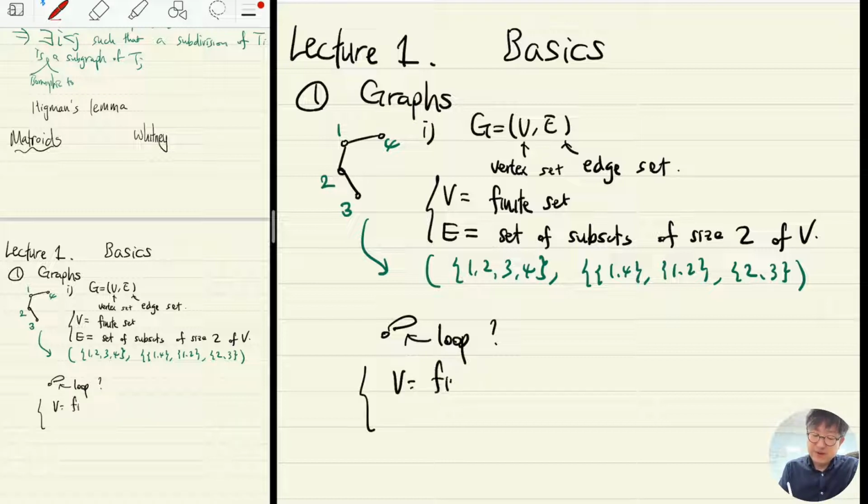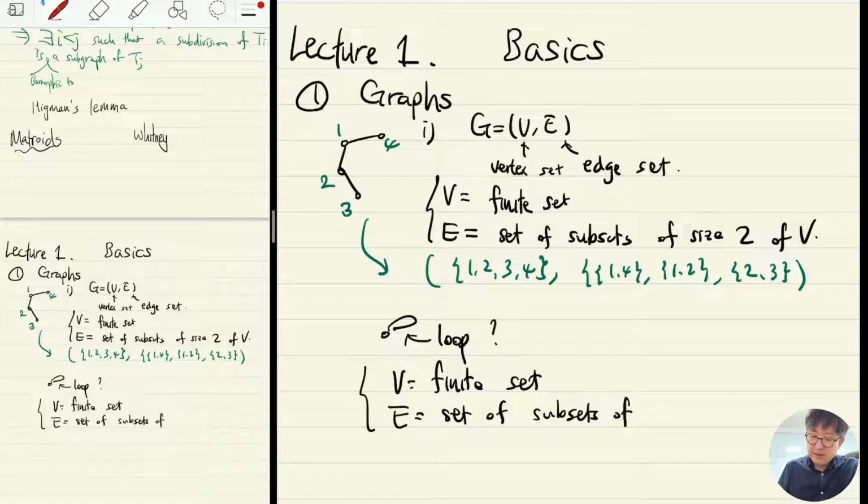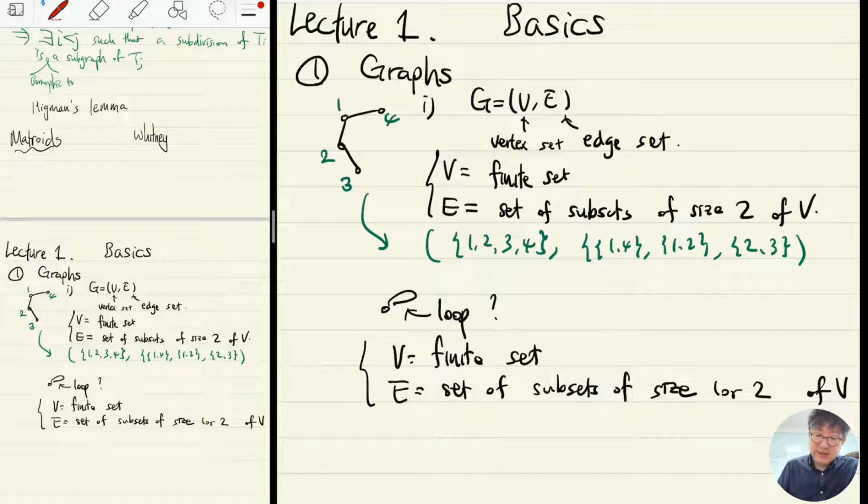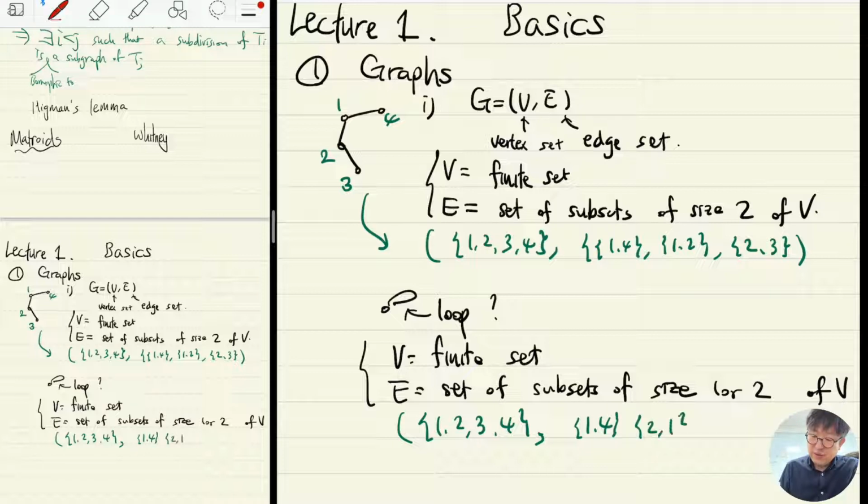V is a finite set and E is a set of subsets of size 1 or 2 of V. In that case, you might have 1, 2, 3, 4, and the edge set could be 1 4, 2 1, and 2.